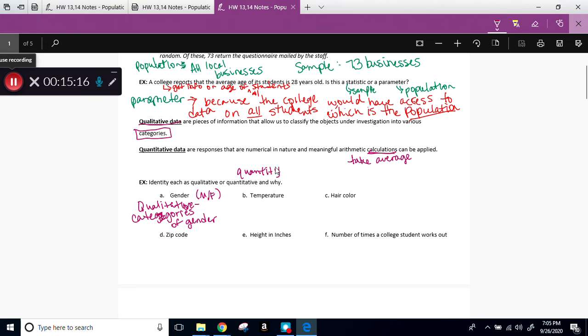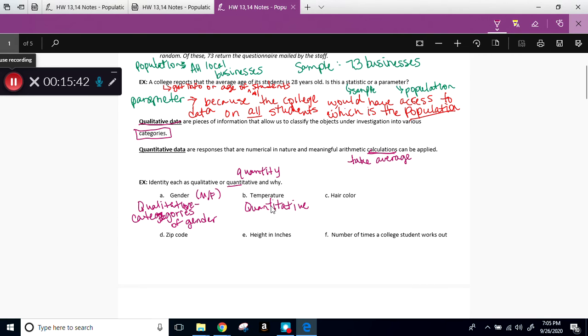Just like quantity is how many you have of something, quant is dealing with how many you have of something. And you can take an average of it somehow. So this is quantitative.